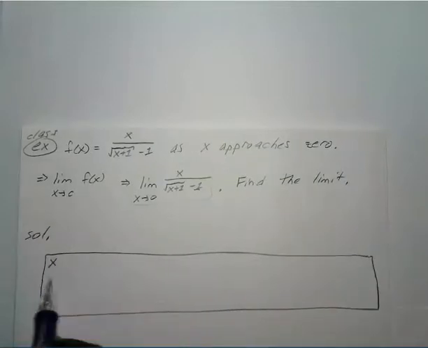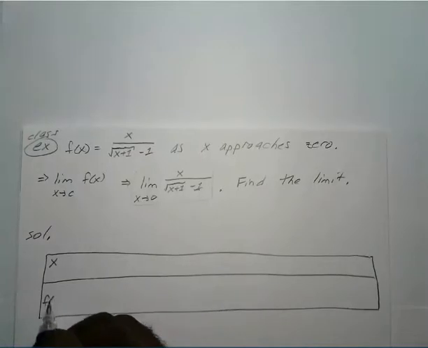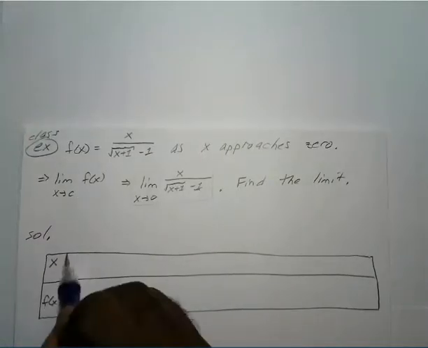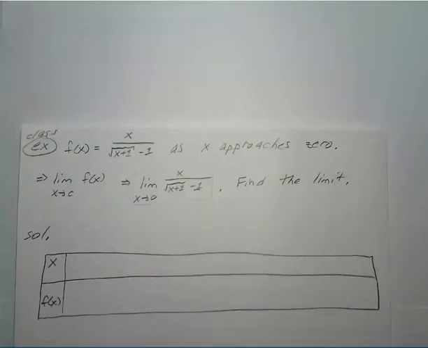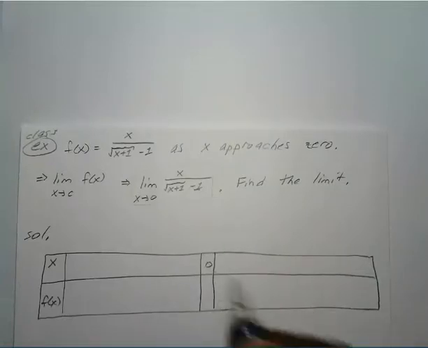We have your x and your f of x. And we're approaching 0, so we're going to put 0 right in the middle. And we don't know what that's going to equal as x approaches 0.